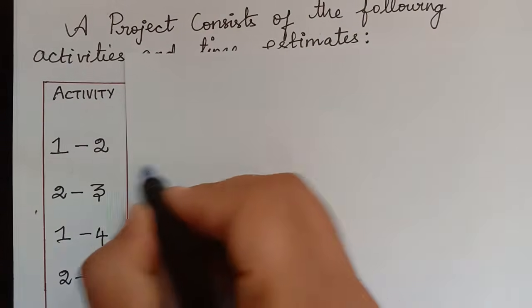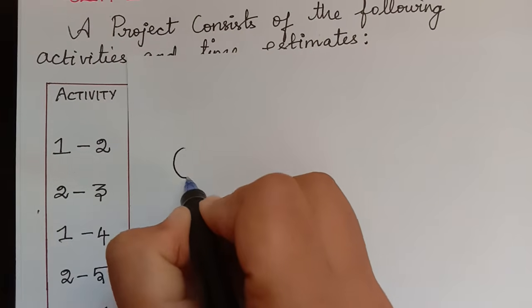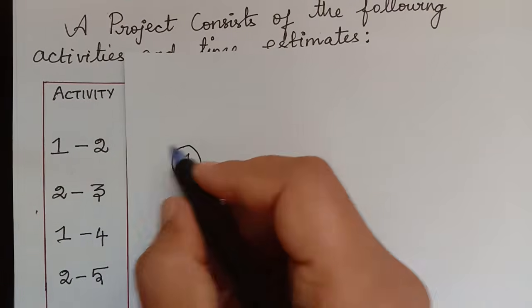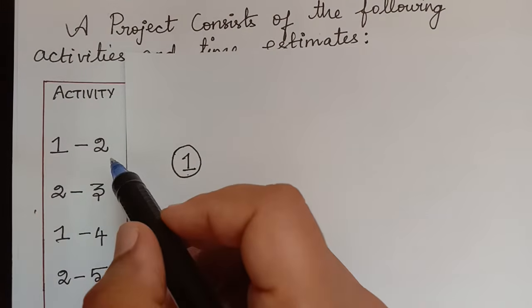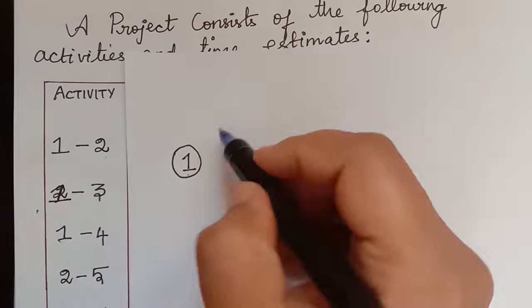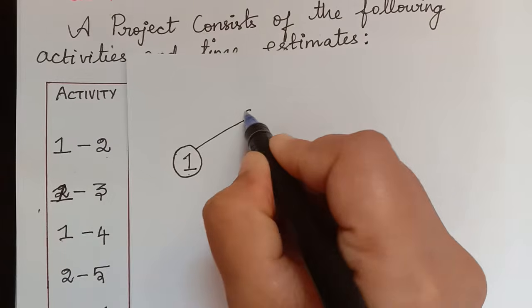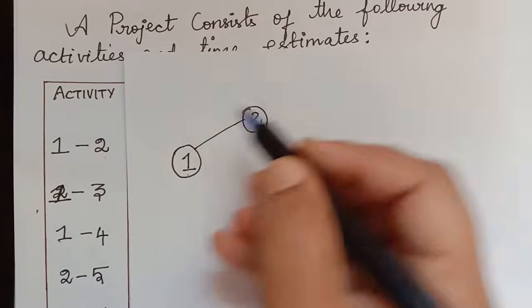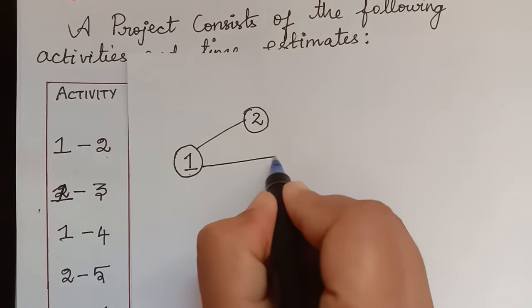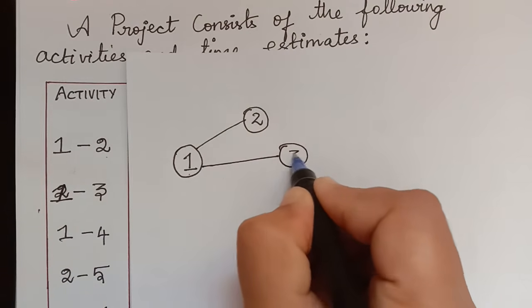So the node, that is the event 1 we have here, and from 1 we have the activity emanating from it, that is 1 to 2. So let us draw that. So 1 to 2. The next activity is 1 to 3. So again it is emanating from 1. So 1 to 3.